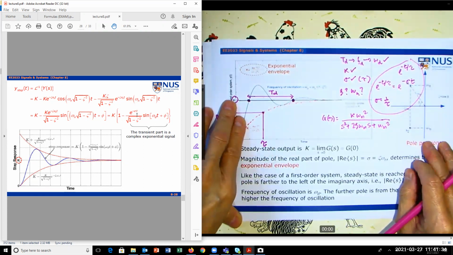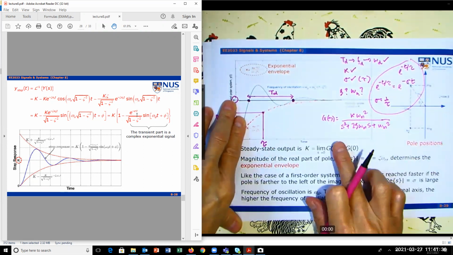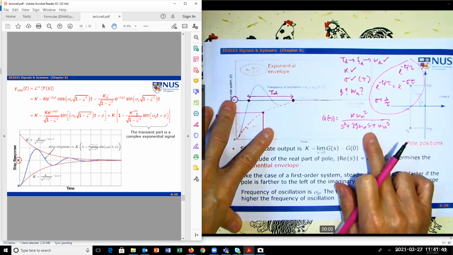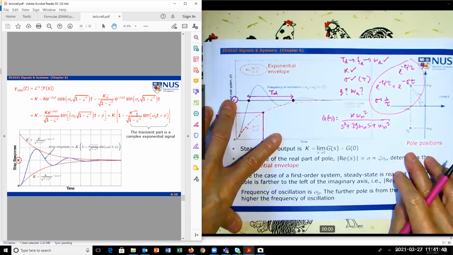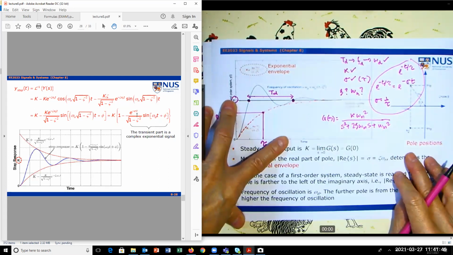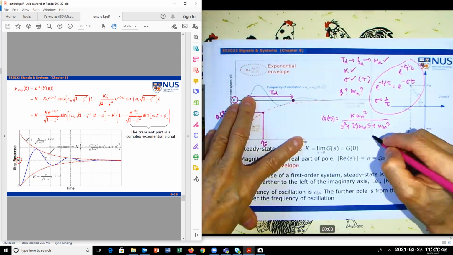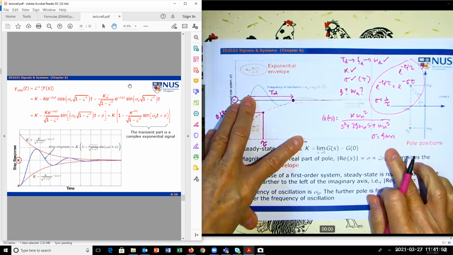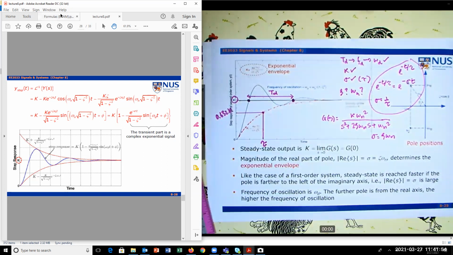As I said, we need to find all these values. So I still need to find zeta and omega n. There are two formulas that we will need. The first formula is that sigma is zeta omega n. Where do we get this? Come back to your formula sheet.